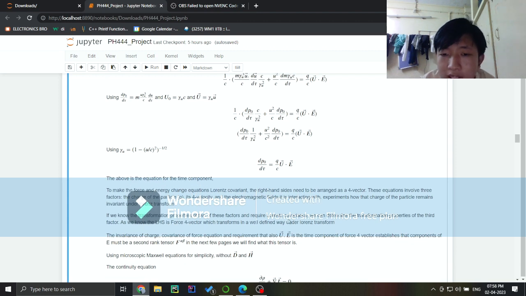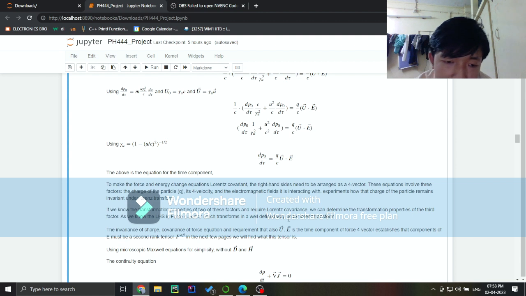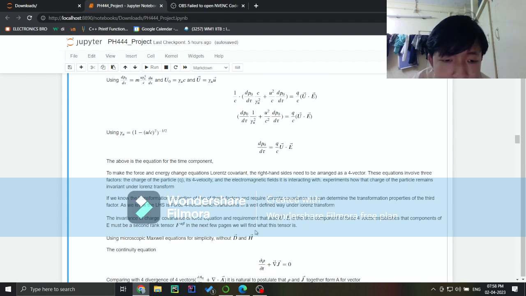We can show that the components of the electric field in this case are basically the first row of a second rank tensor. This tensor is very important in showing the covariance of electrodynamics, and we will be finding what this tensor actually is.